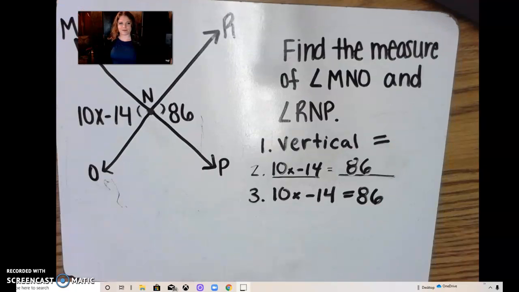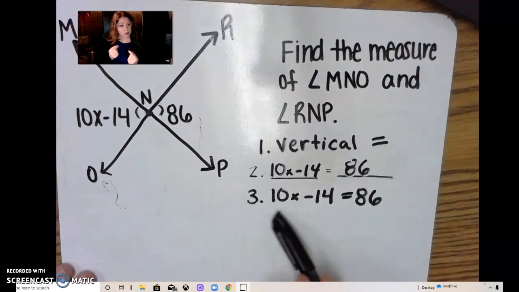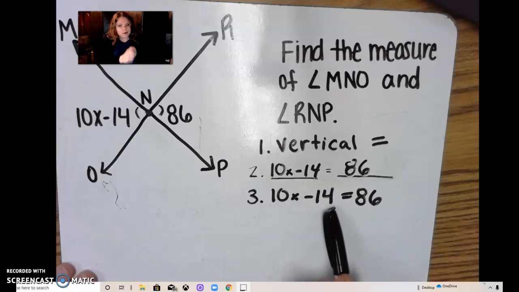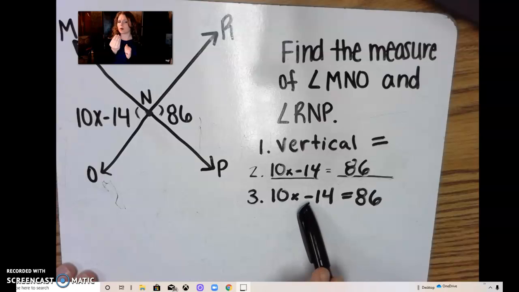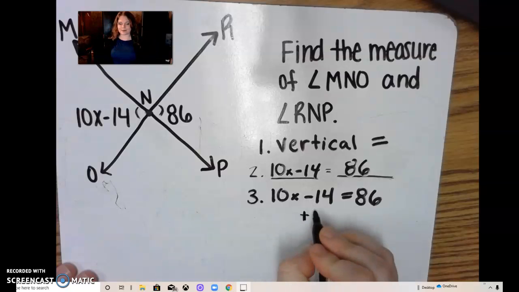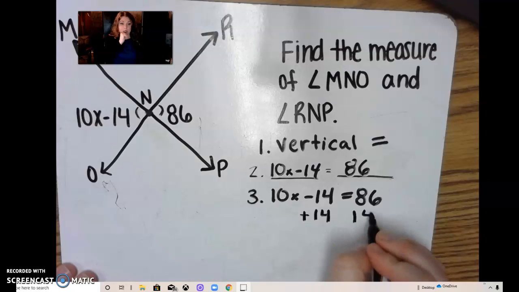The thing that we're not doing here is combining my terms because there's nothing else with an x. There's nothing else on this side that I can combine with 14. You'll also notice that this is asking subtraction, so the inverse operation is addition. Get rid of the thing that is not with the variable first.